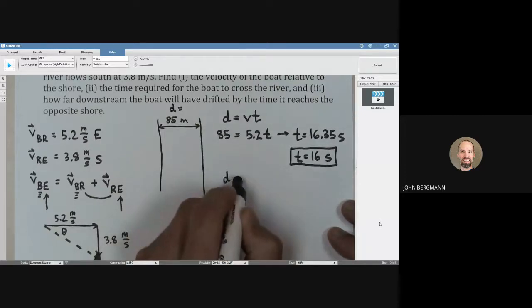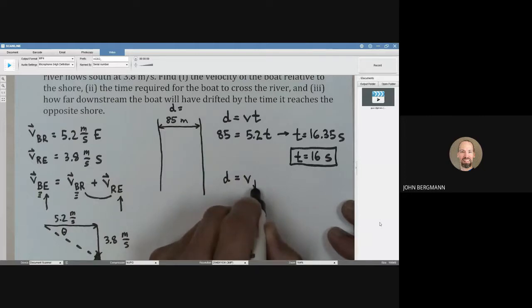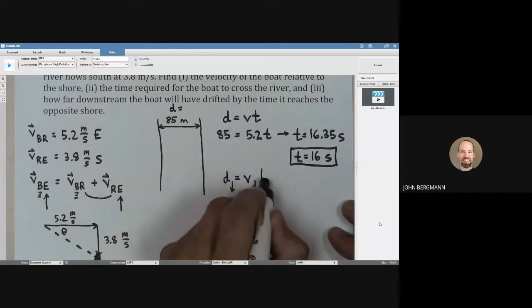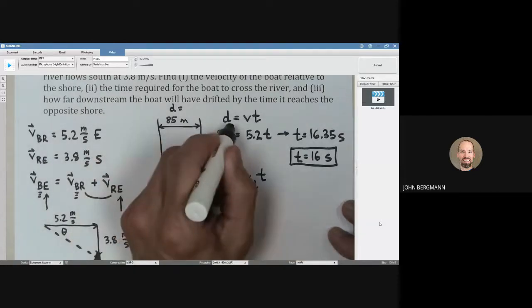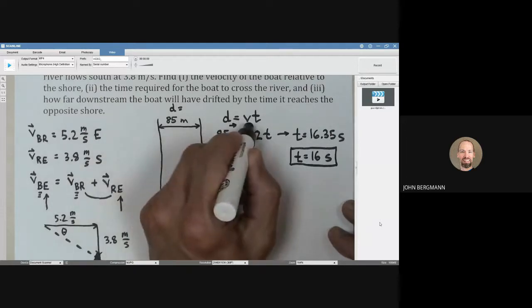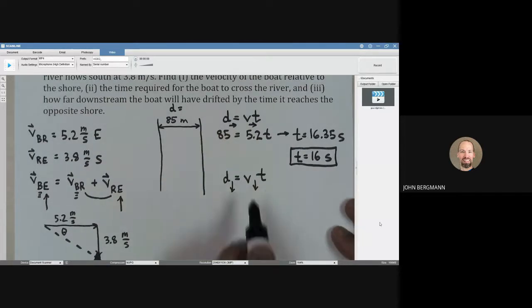So that's going to be the velocity in the southward direction. I'll just put little arrows to indicate south, multiplied by the time. So this one up here, let's go back for a second. The displacement in the easterly direction is equal to the velocity in the easterly direction multiplied by the time. Well, this time applies to both.